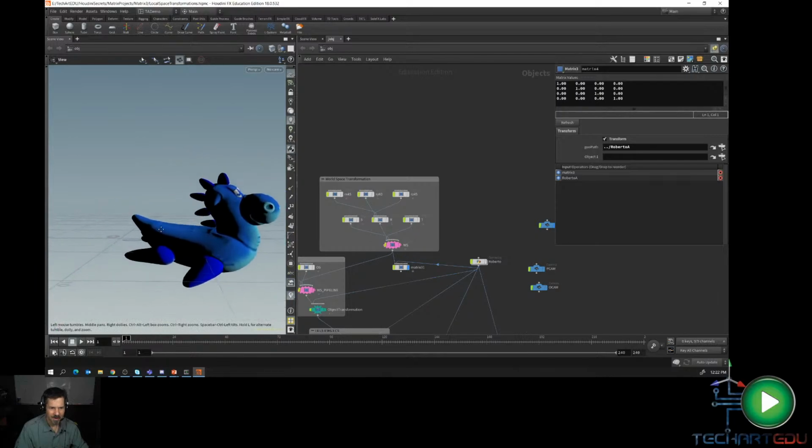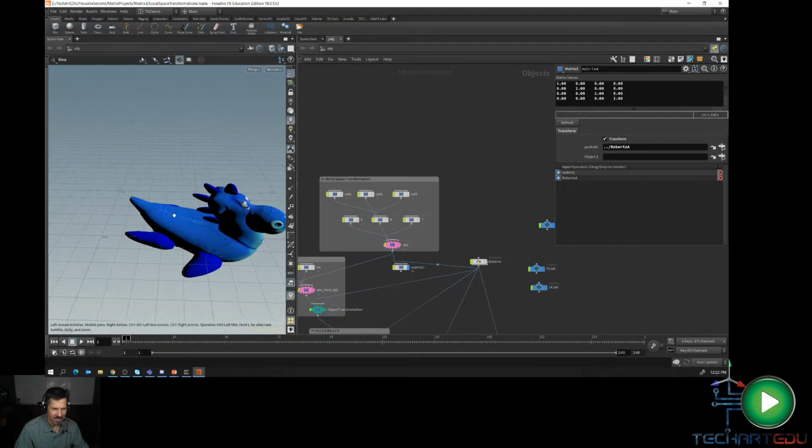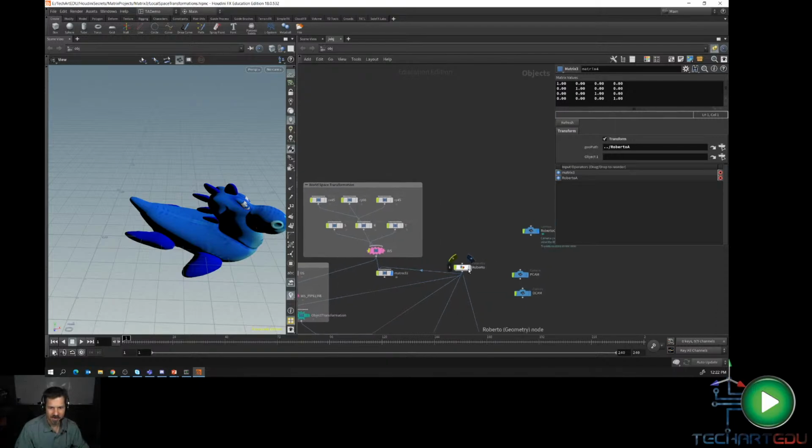And there is my Roberto that is now rotated a whole bunch of degrees. He's scaled in a whole bunch of different directions, and he's been translated 5 units in X and 5 units in Z. So Roberto started off as this little guy over there, and then once we applied our transformation matrices, this is what he looks like, this big guy.